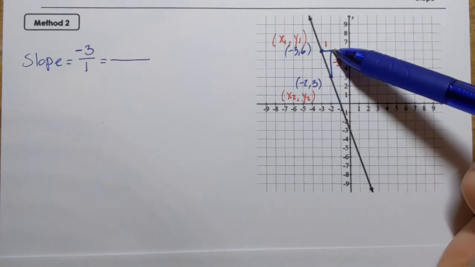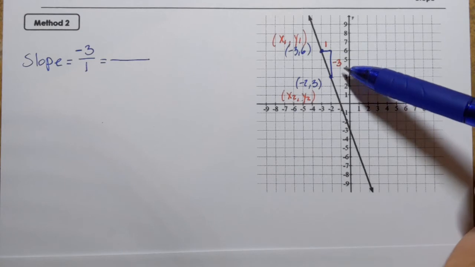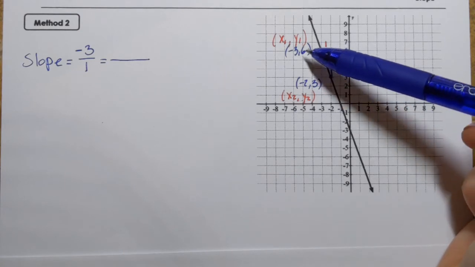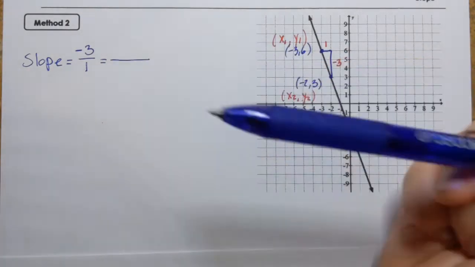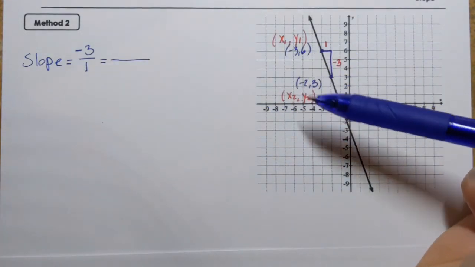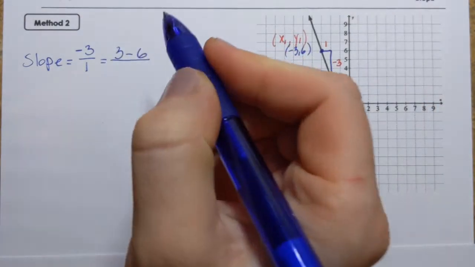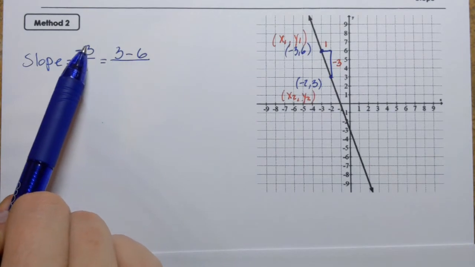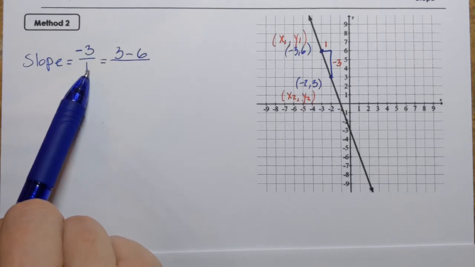Well, since -3 is the vertical change, and it goes along the y-axis, it makes more sense to try to manipulate the y coordinates. I have 6, I have 3. How do I get -3 when I put them together? Well, if I take 3 and subtract 6, that will give me -3, right?